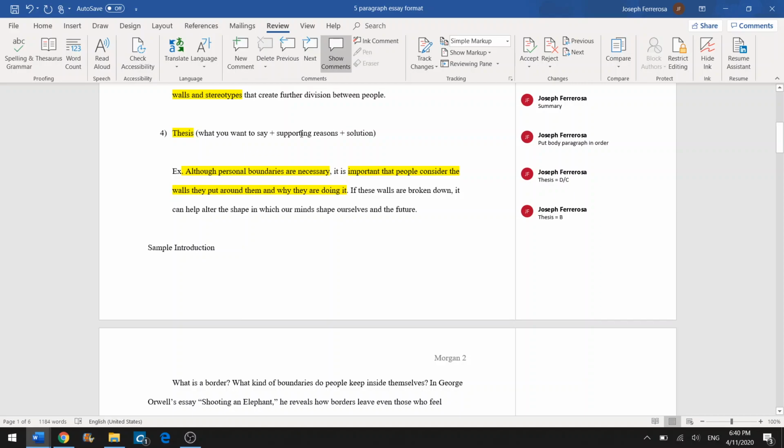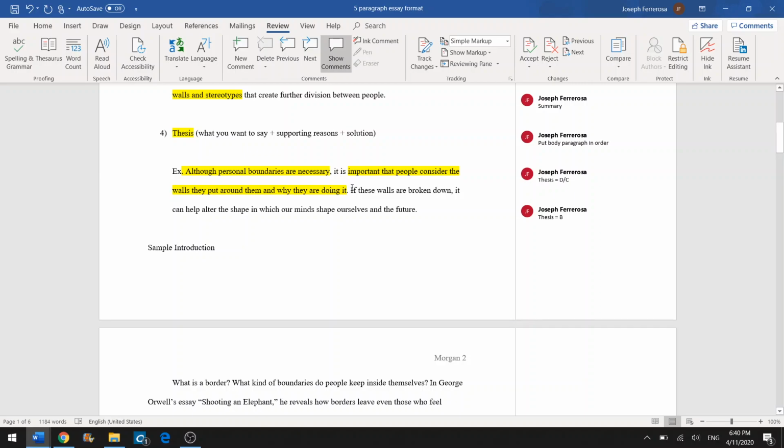They put up walls around them and they need to understand why they're doing it. However, and here's the key aspect to how you can get an A, especially when we're talking about things with society, oftentimes you can provide a solution to your argument, and this expands and enhances your essay.